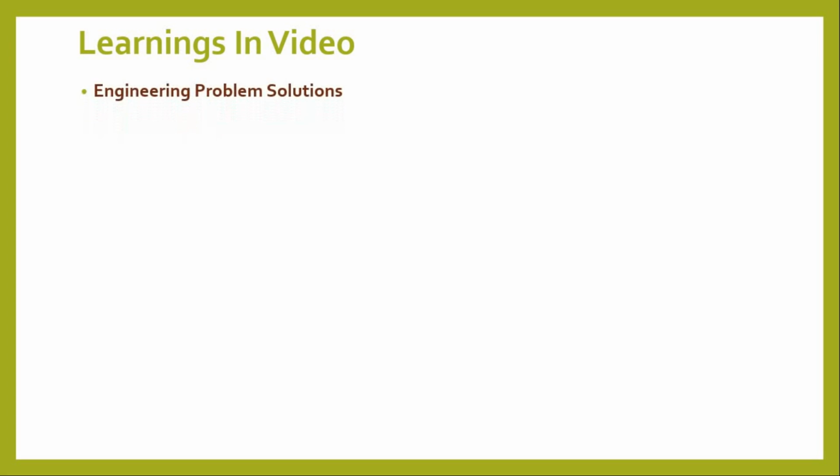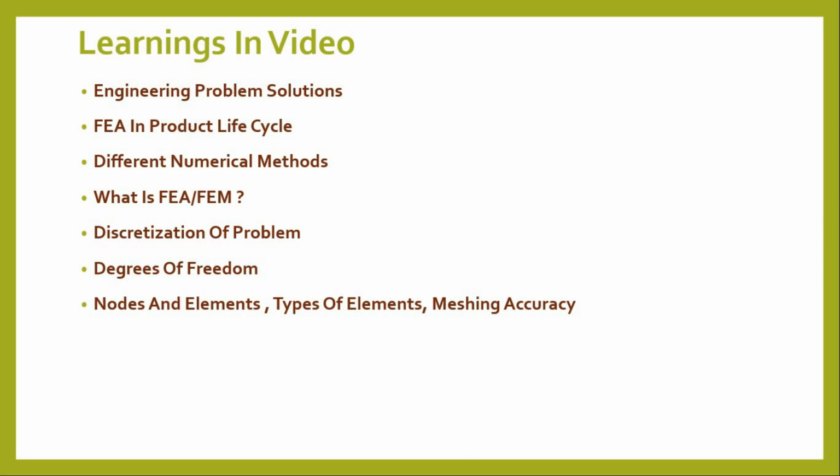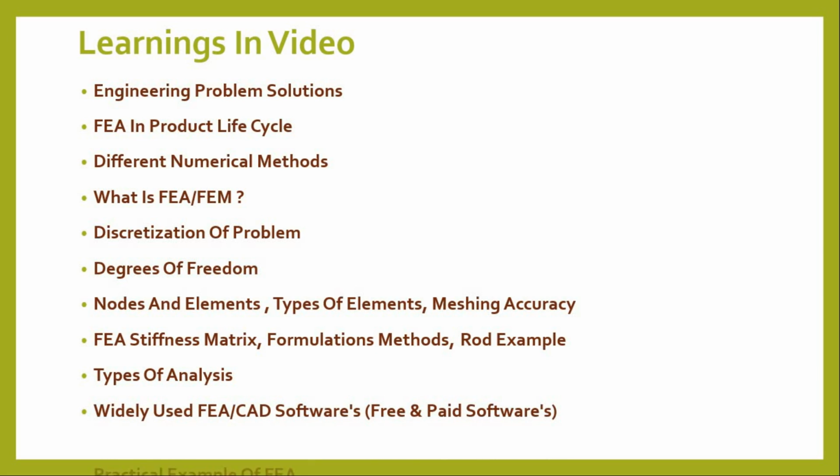So now this slide represents the learnings in this video. First we will see the engineering problem solutions, then FEA in the product life cycle, then we will go through the different numerical methods, then we will discuss what is FEA and FEM, then the discretization of a problem, then degrees of freedom, nodes, elements, types of elements, meshing accuracy, then the FEA stiffness matrix, formulation methods, and an example like a bar element example.